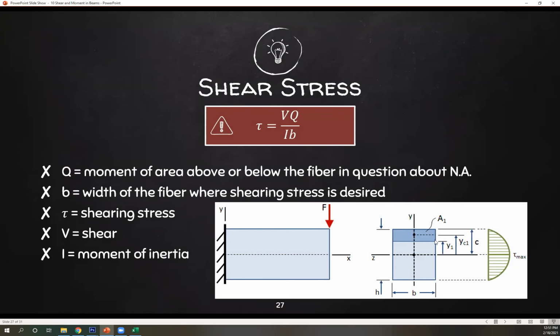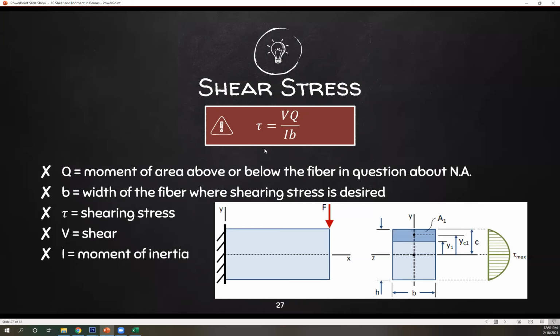The area of that is multiplied by the distance of that from your neutral axis. That's your Q. To get the distance, you need the center of your area, which for a rectangle is easy, it's just height over 2. So it's this distance, from this point to this point, and that's YC sub 1, or YC1. So Q is just this area times YC1. That's it. That's your Q.